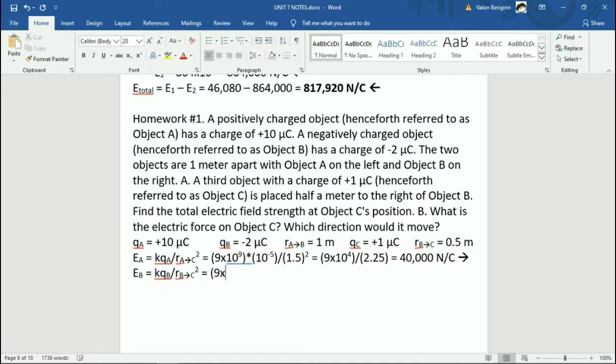Okay, now the second one here, we have object B. What's the charge of object B? Oh, it's -2. Now remember, I've said just ignore the negative. That just comes into play when you deal with the direction. Now the distance here is from B to C, and we have that as 0.5 already.